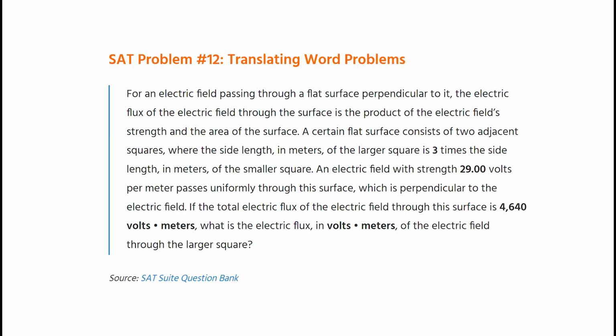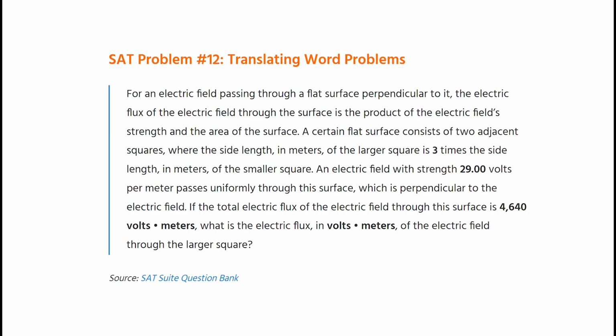So it says, for an electric field passing through a flat surface perpendicular to it, the electric flux of the electric field through the surface is the product of the electric field strength and the area of the surface. A certain flat surface consists of two adjacent squares where the side length in meters of the larger square is 3 times the side length in meters of the smaller square.